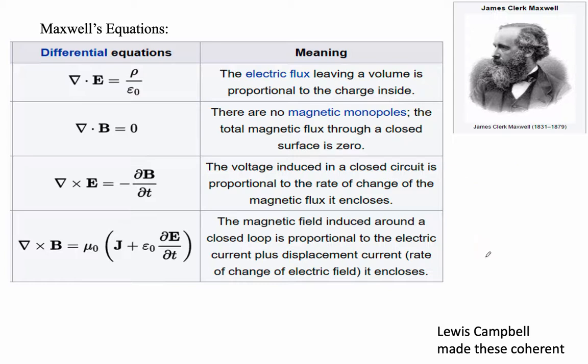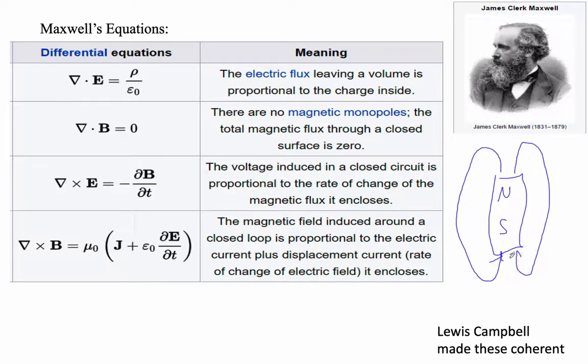It's always a north and a south, and the field lines will go whoop like this. If we have any surface, we'll have as many field lines entering the surface as leaving the surface, and it always adds up to 0. So another way to say it is that there are no magnetic monopoles.